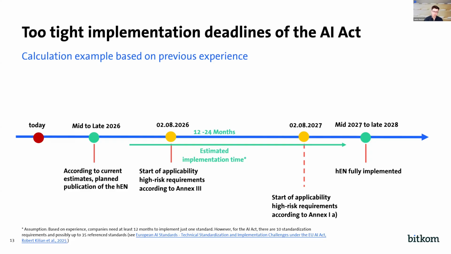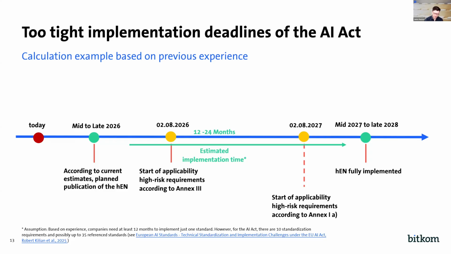So we calculate with rather 24 months. With that, the harmonized European standards on these high-risk requirements would probably only be widely implemented by mid 2027 to late 2028 at least, according to our current estimates. And this is of course a major problem, with the high-risk requirements already starting to apply by next year.